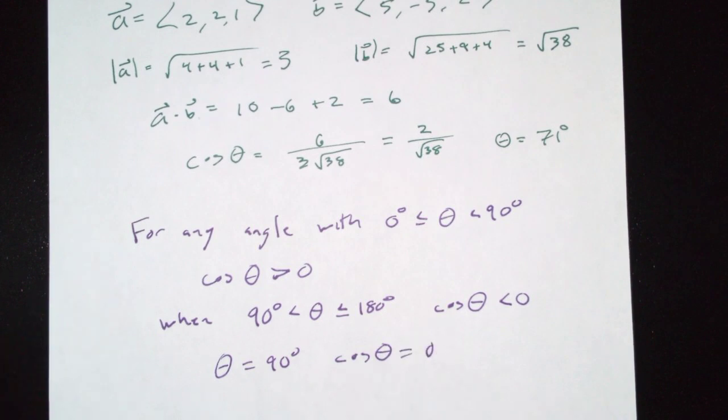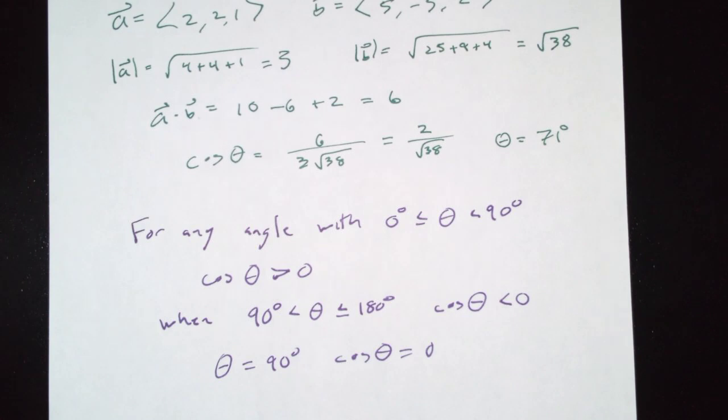So if I do this calculation and I got 2 over the square root of 38, I don't know what that number is, I just know it's positive. The answer has to be less than 90 degrees. If I got negative something, then it would have to be bigger than 90 degrees. And if I get 0, then the angle is exactly 90 degrees.